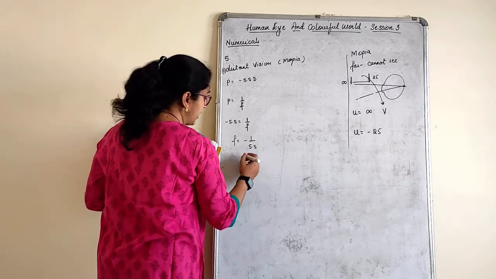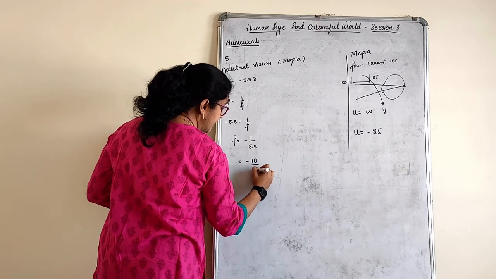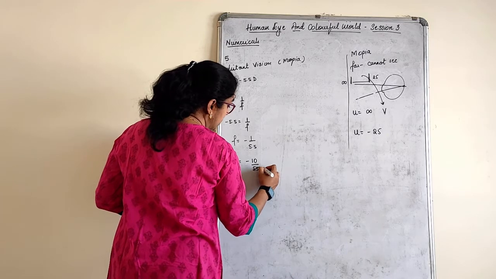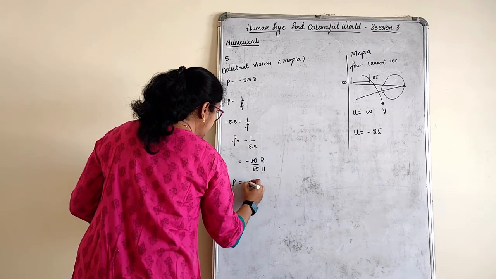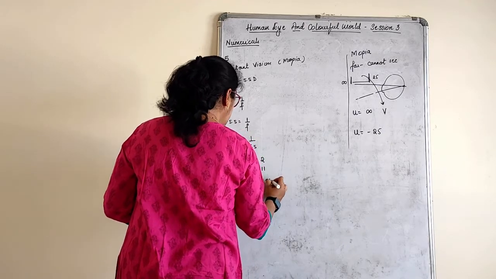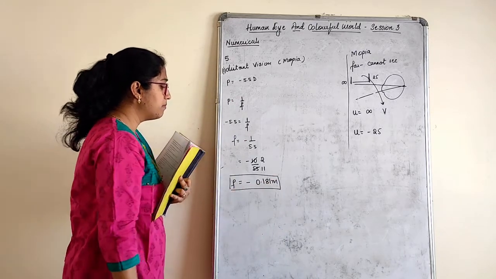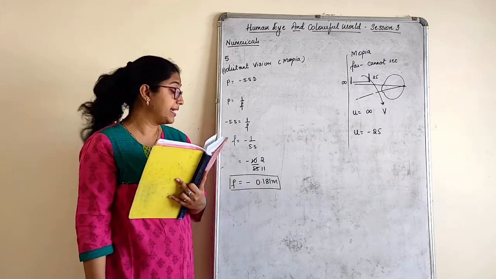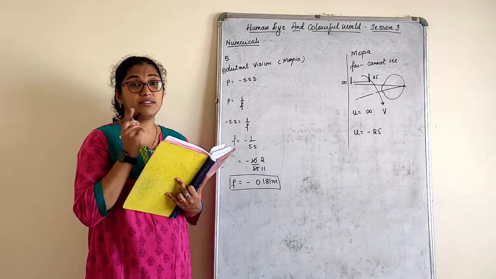So if you shift the decimal, you will get minus 10 upon 55. 5 11s are 55, 5 2s are 10. Then taking the decimal, it is minus 0.181 meter. So the focal length of the corrective lens should be minus 0.181 meter.